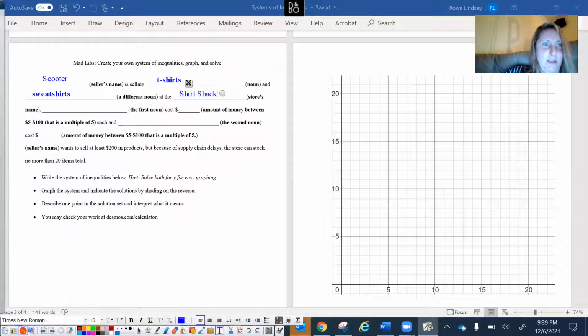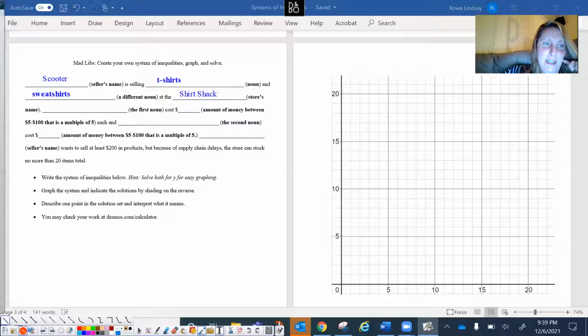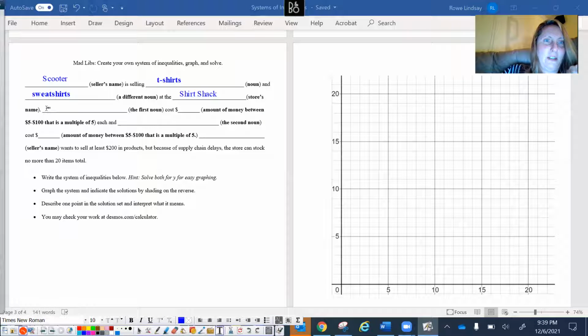Okay, so the t-shirts, they need to cost. We need to pick an amount of money that these t-shirts cost. So let's say that the t-shirts cost $10.